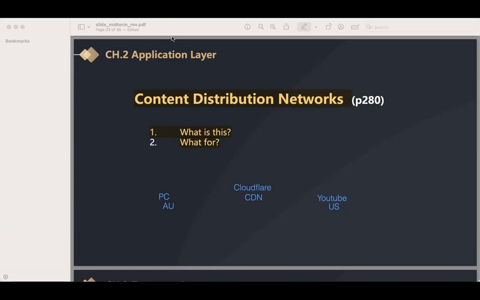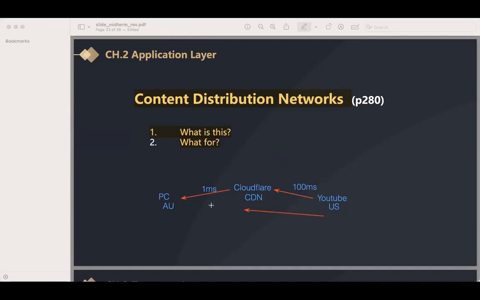Then YouTube will share the content with the Cloudflare CDN. You can imagine they save a lot of video files in the CDN server, and Cloudflare can simply connect to us with very low delay, like 1 millisecond. And here it could be 100 milliseconds.